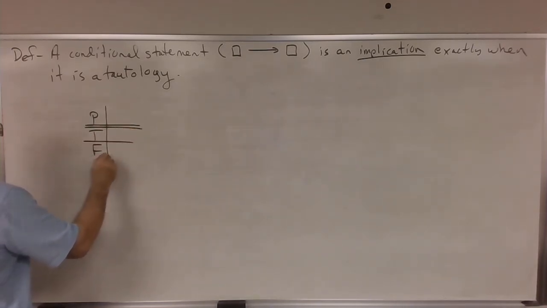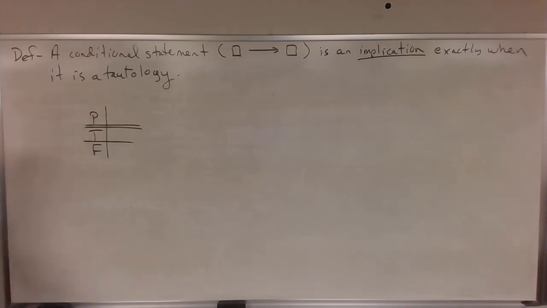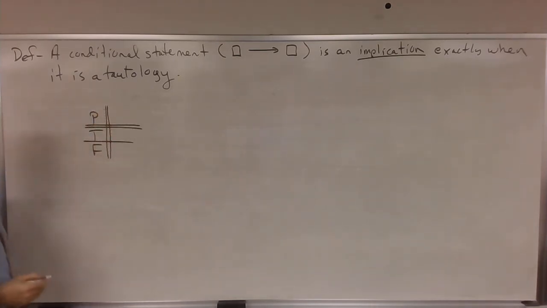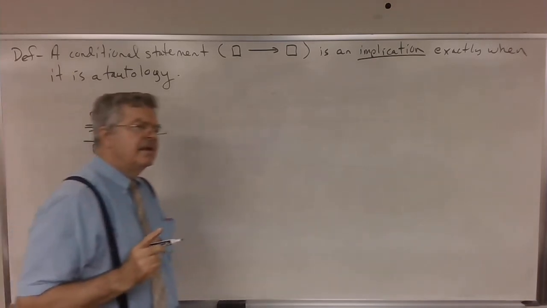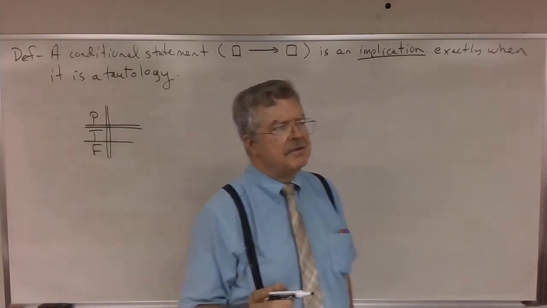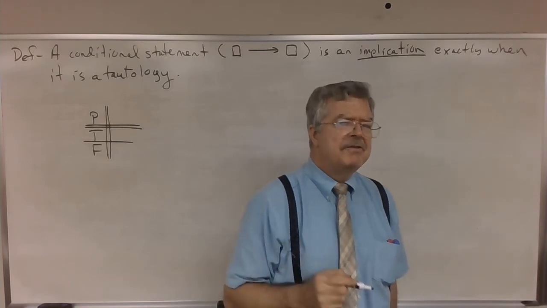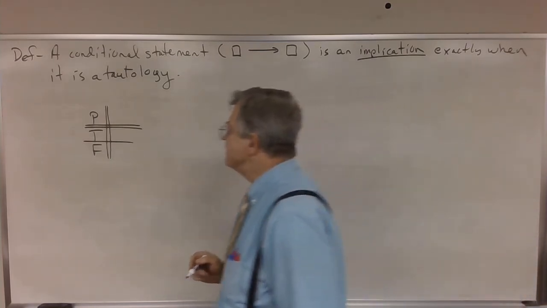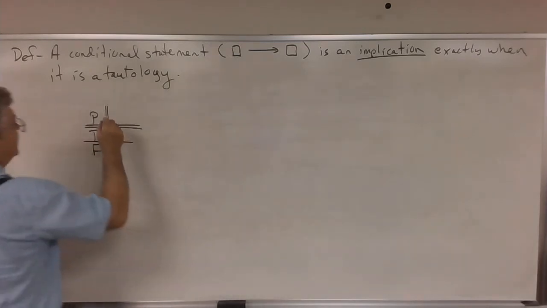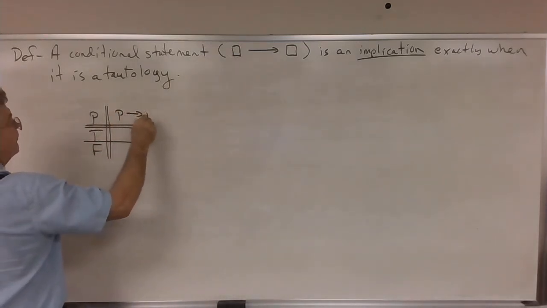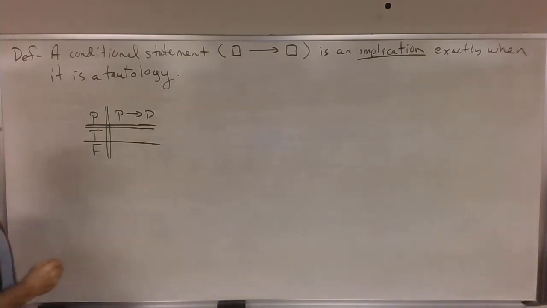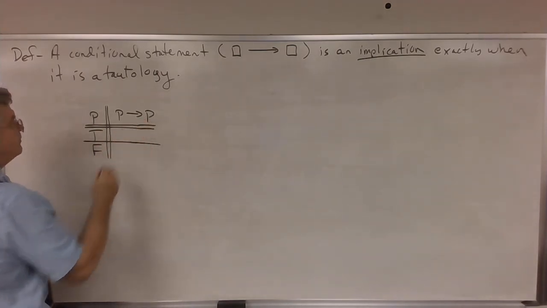One simple statement, P, and we want to create a conditional statement, an if-then statement, that's always true. Well, let's see. Will that do it? P implies P, let's see.